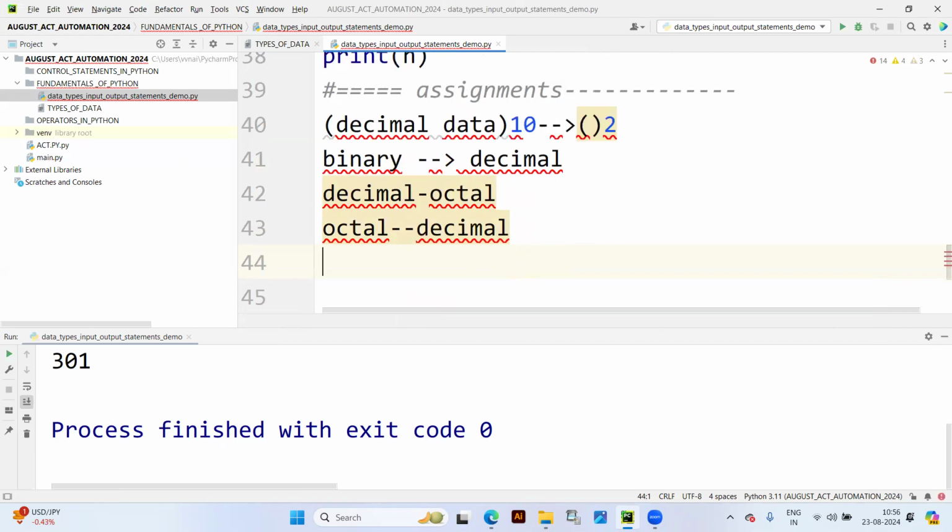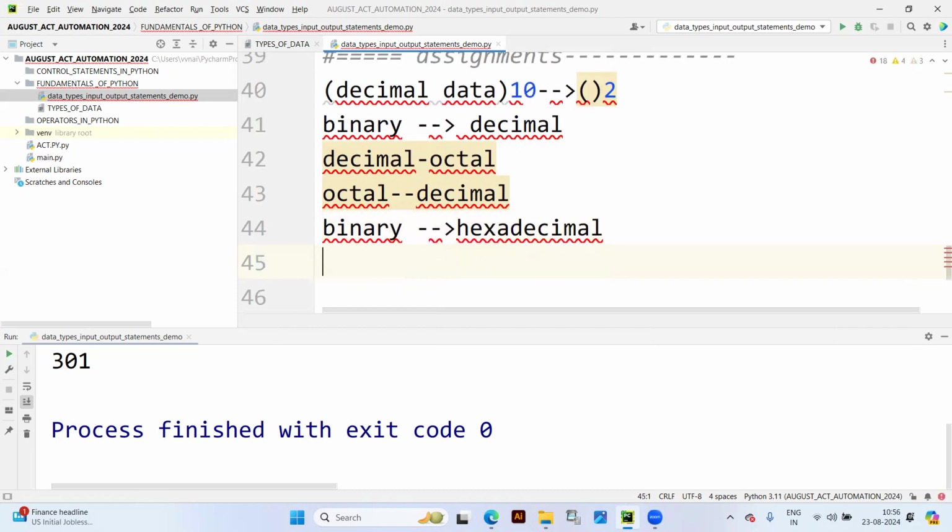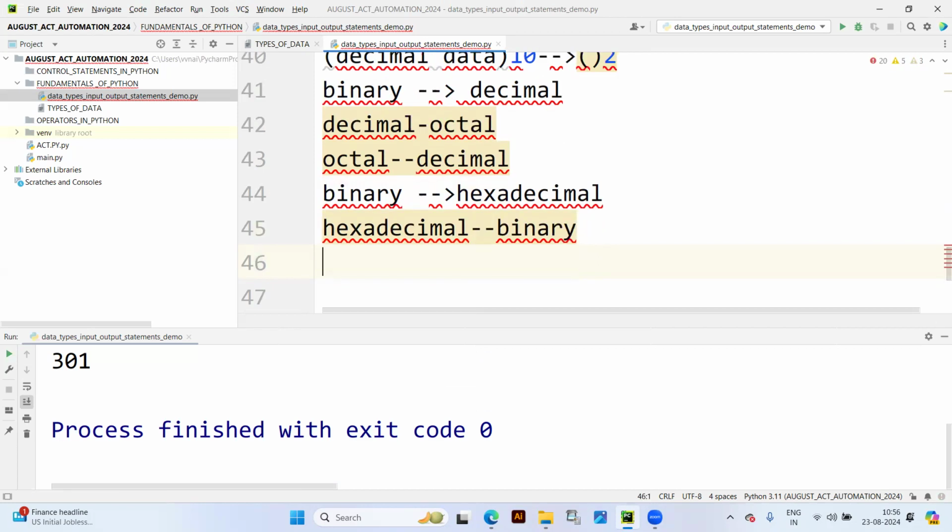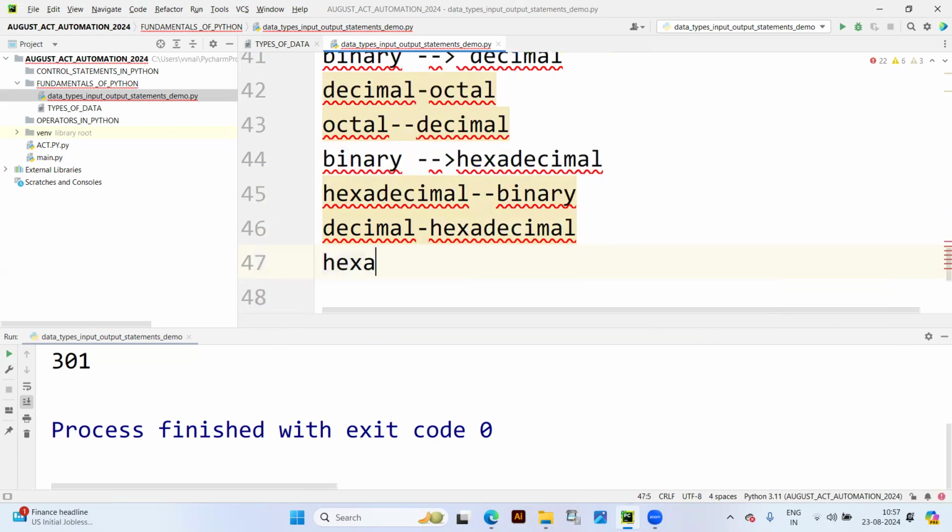Next, binary to hexadecimal, hexadecimal to binary. Correct? Or else decimal to hexadecimal, hexadecimal to decimal.